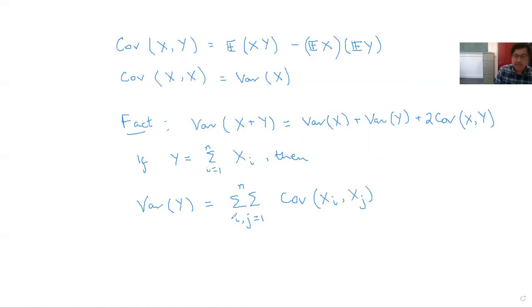And note that you will have terms where i and j are the same, and then the covariance of xi and xi is the variance of xi. And so you can check that the first formula I've written is a special case of this. So let me also number these 1 and 2. So 1 is a special case of 2, where there are just 2 terms in the sum.